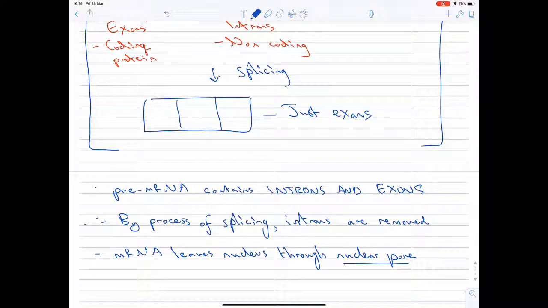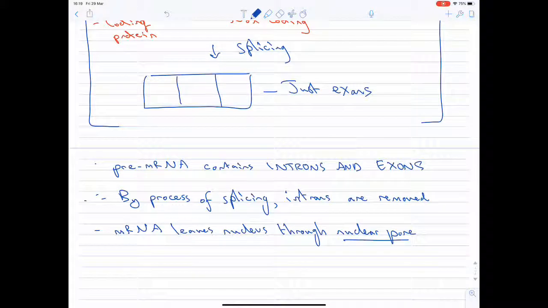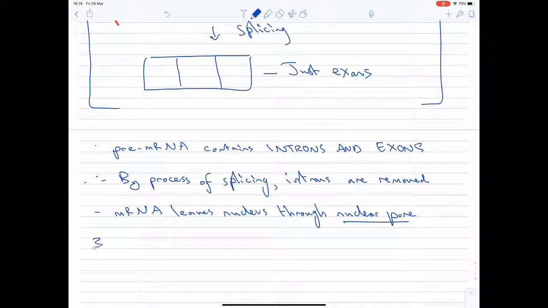So that's how it actually leaves the nucleus. So that's it. We've got the mRNA, we've removed the introns, and now it's ready to provide the genetic information and code to make the protein. So that's what we're going to explain now. Translation.